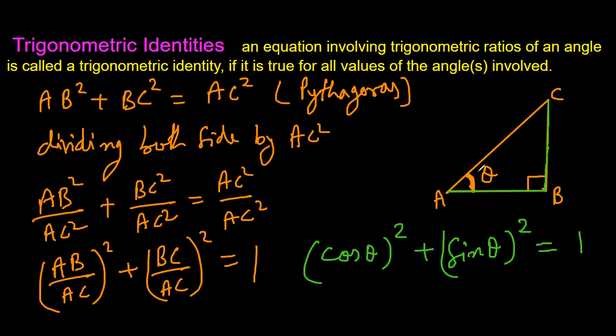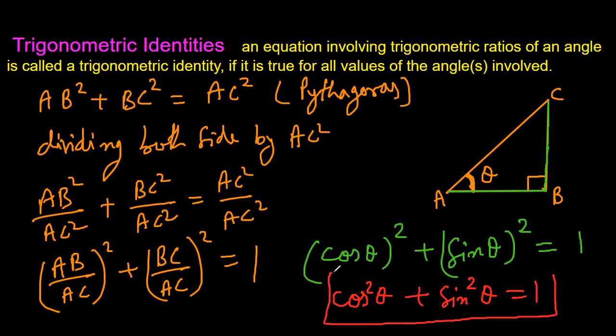So instead of writing it like this, we would simply write the square in between cos and theta. So cos square theta. Now I don't need to put this bracket here. Plus sine square theta. Cos square theta plus sine square theta is equal to 1.